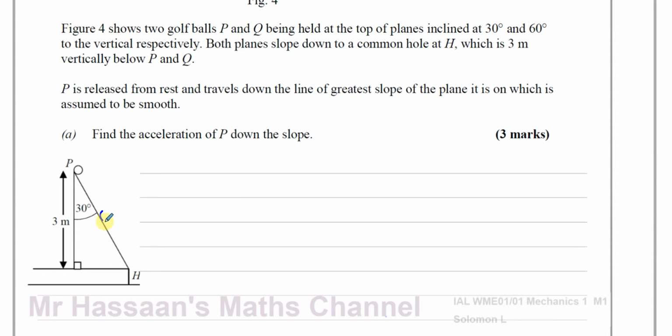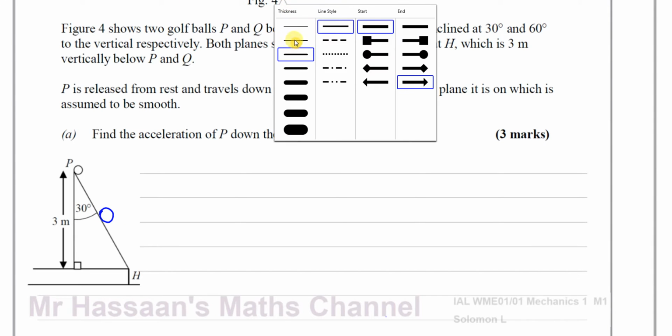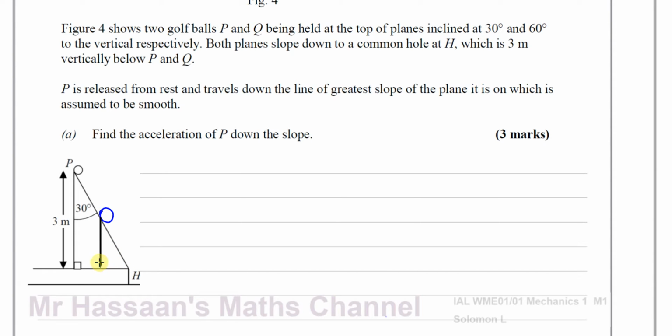As it moves down the plane, the forces acting on it will be simply its weight, which acts vertically downwards, and the reaction force of the plane on the object, because when an object is in contact, there is a reaction force between them, which doesn't really matter too much here because there's no friction.